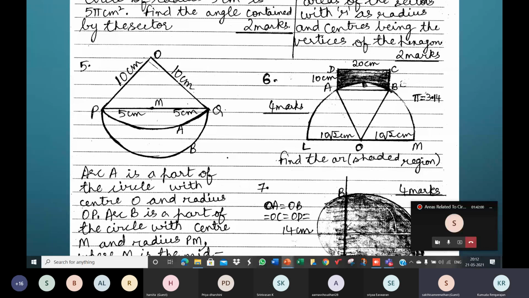Reason: because we can take triangle AOL as an isosceles triangle, and we already know that triangle AOB is an isosceles triangle, so we can make them equal.